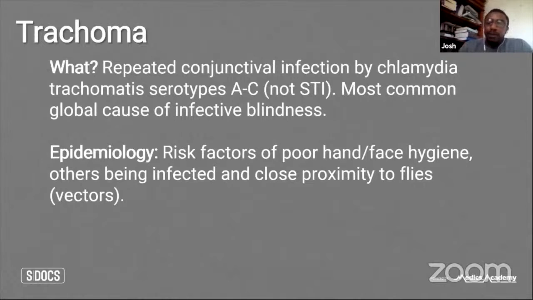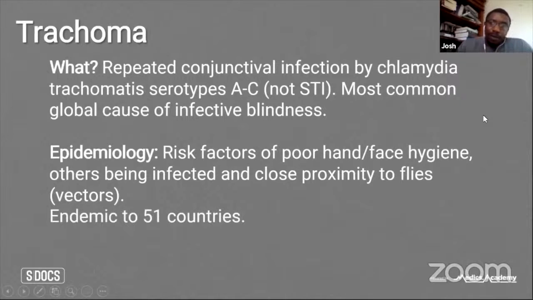In some respects, it's a bit similar to the epidemiological factors with onchocerciasis, because you get these endemic communities where everyone might be infected, they're spreading it to each other, and of course, flies are native vectors. It is endemic to 51 countries.